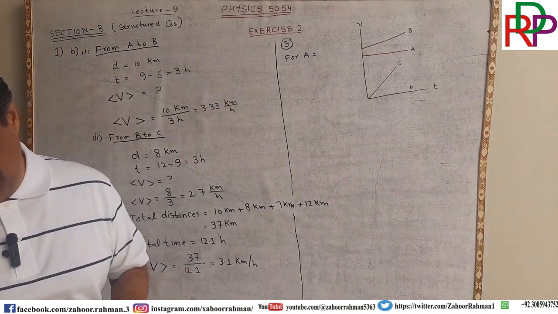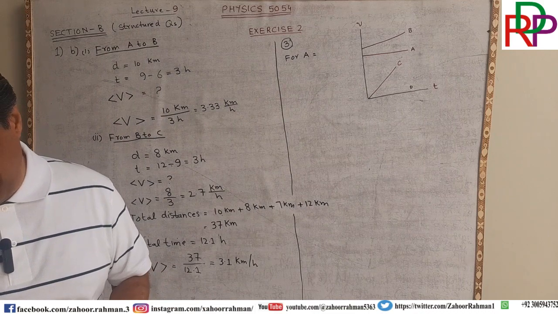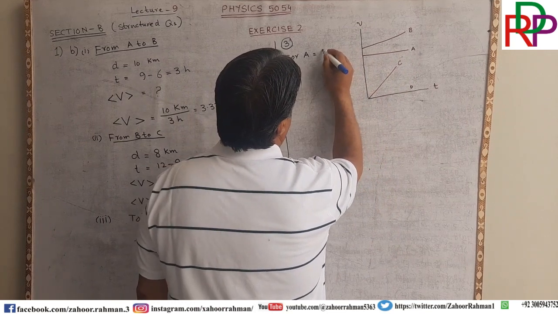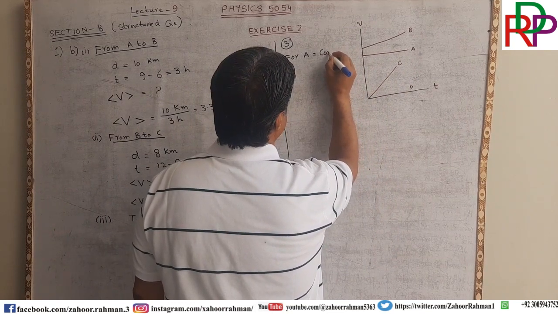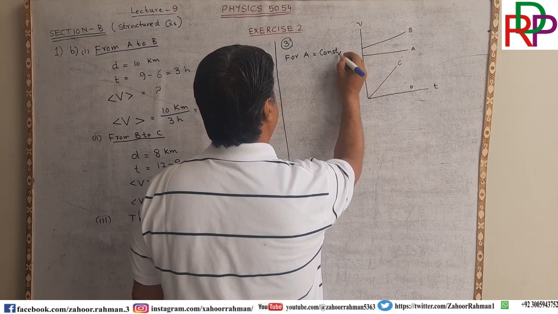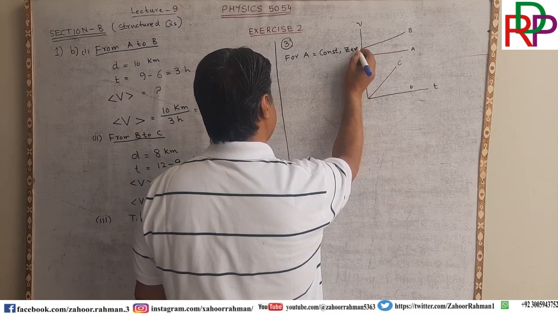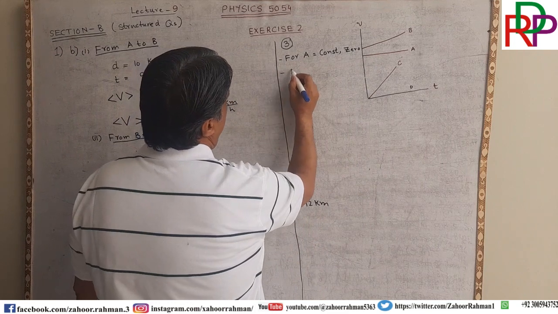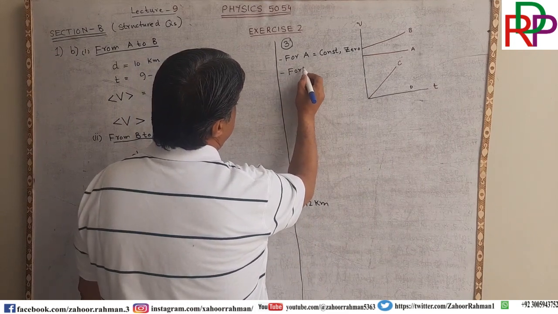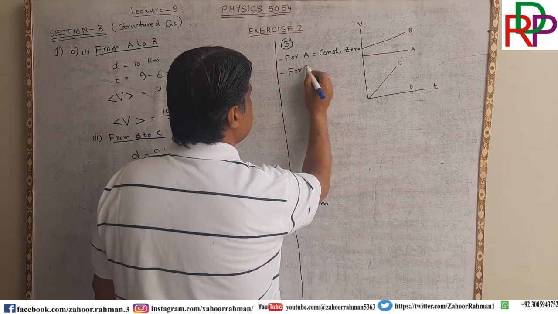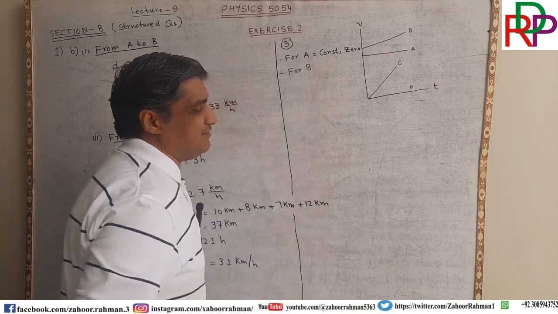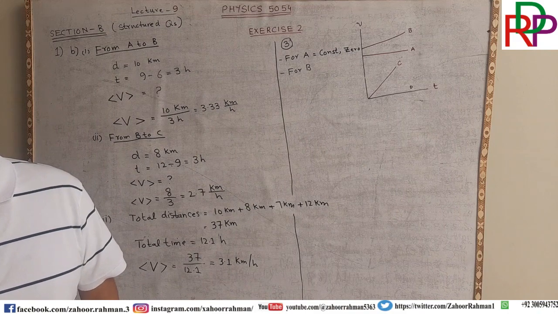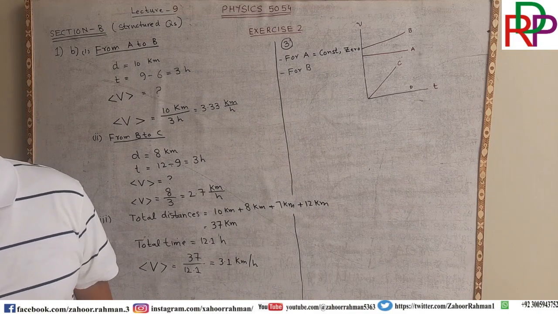Zero acceleration and constant velocity. Constant velocity and zero acceleration is the answer for A. For B, you can see that velocity is increasing, so acceleration is also increasing.